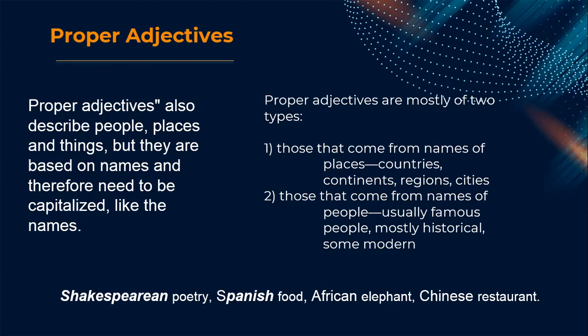For example, Shakespeare, Elizabethan, Victorian, right? Victorian era. Then I can say the Shakespearean poetry, Shakespearean tragedy, Shakespearean tragic comedy, right? The Elizabethan world, right? So these are the examples that come under proper adjectives.